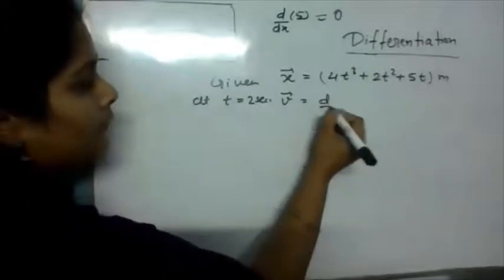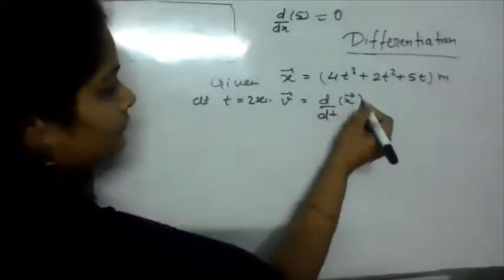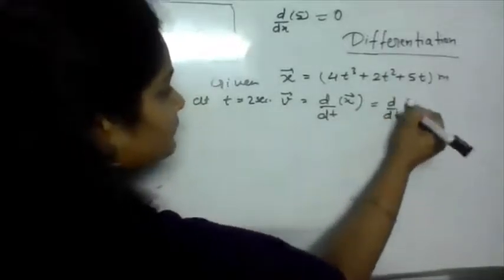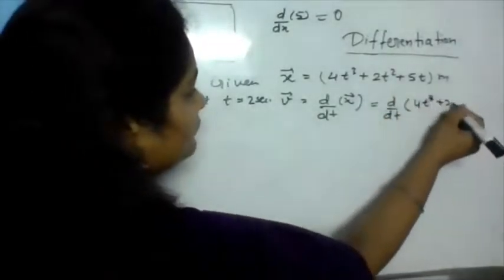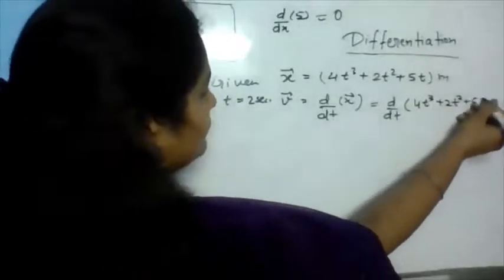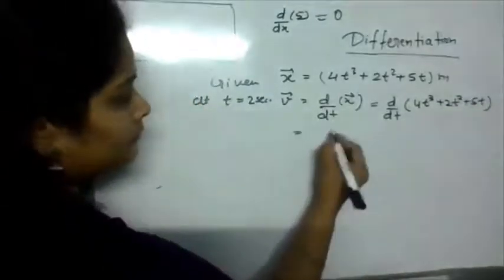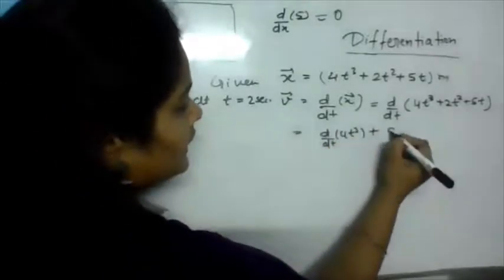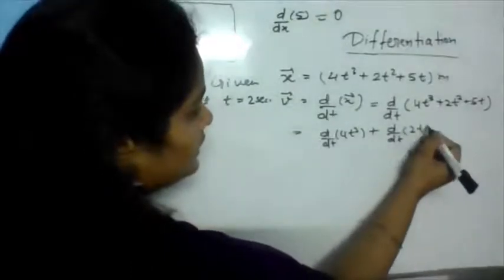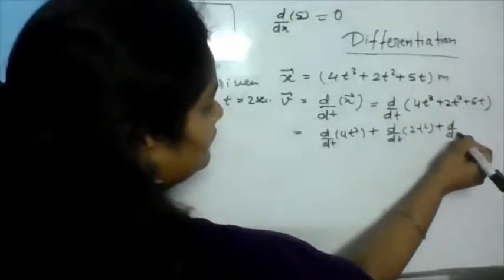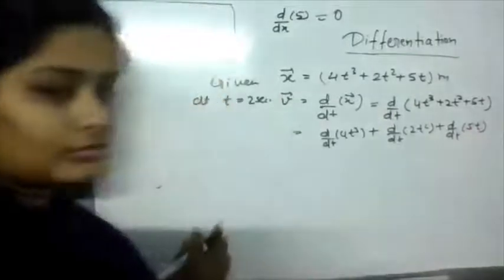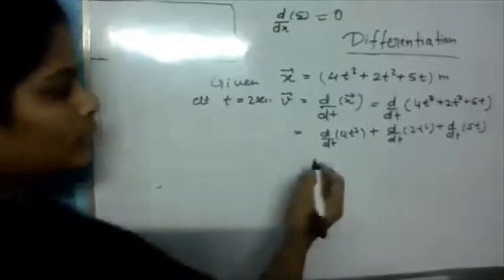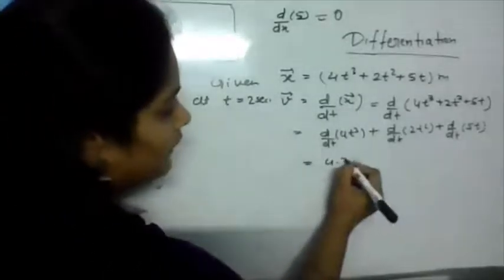We know the formula. Right? Put here. Apply the operator with each term like this. Okay. So I can write like this.